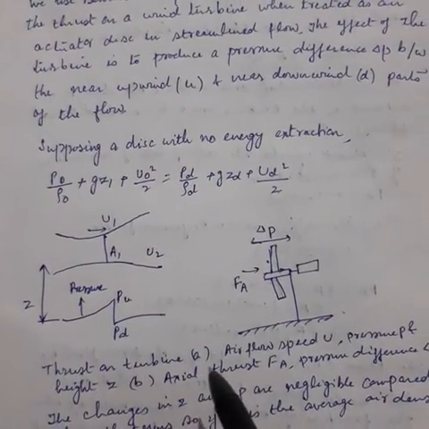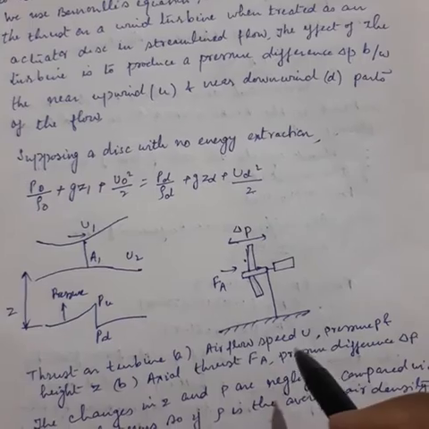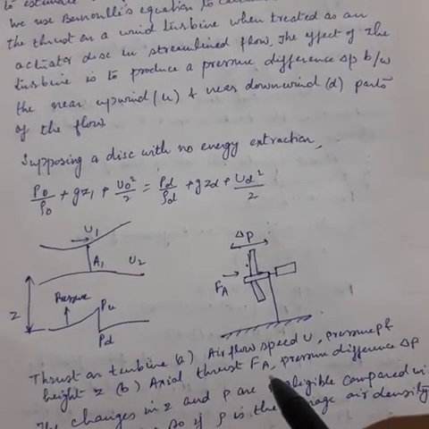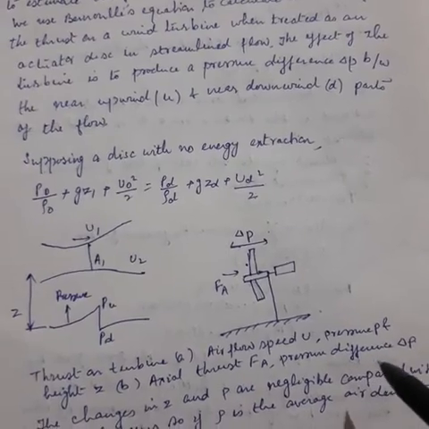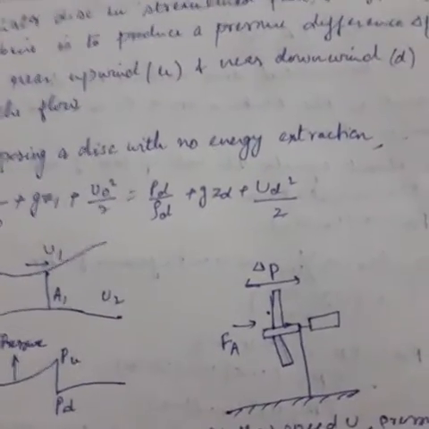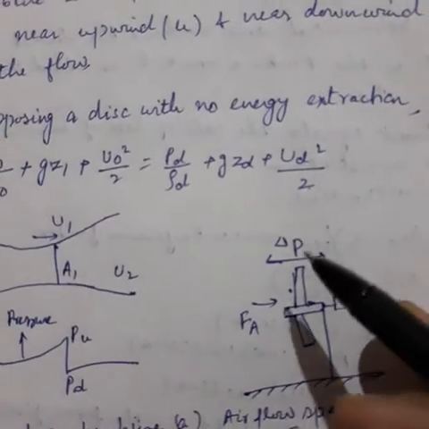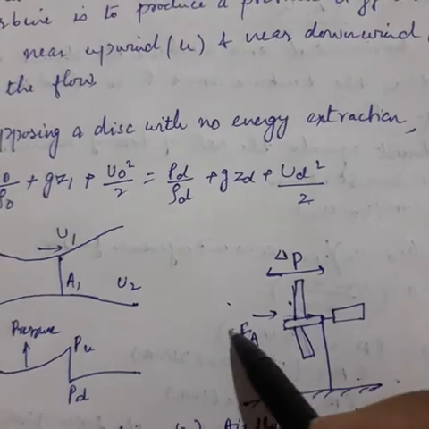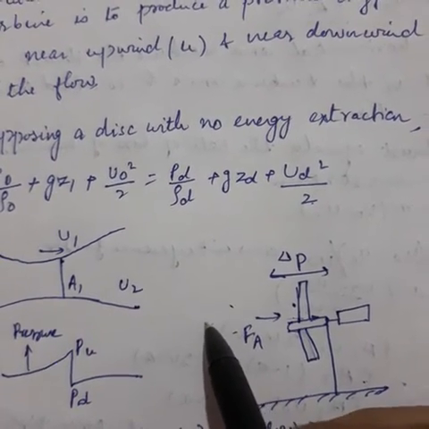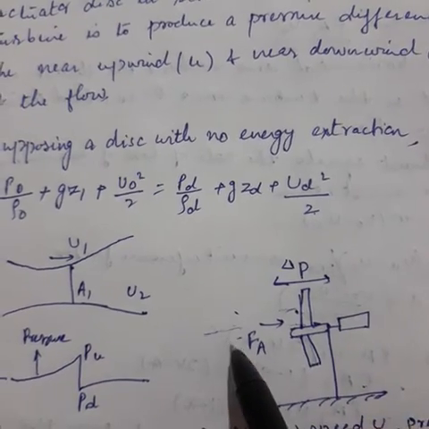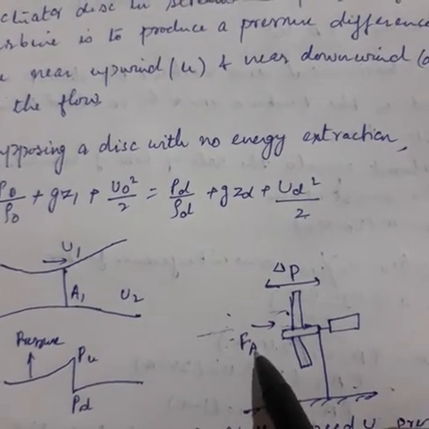Thrust on turbine, axial force; U, velocity; pressure P and height Z; axial thrust force Fa and pressure difference del P. These are the abbreviations that are used in the force analysis. Suppose that this is a blade, this is a tower. The wind passes through the surface of the blade with a force Fa.